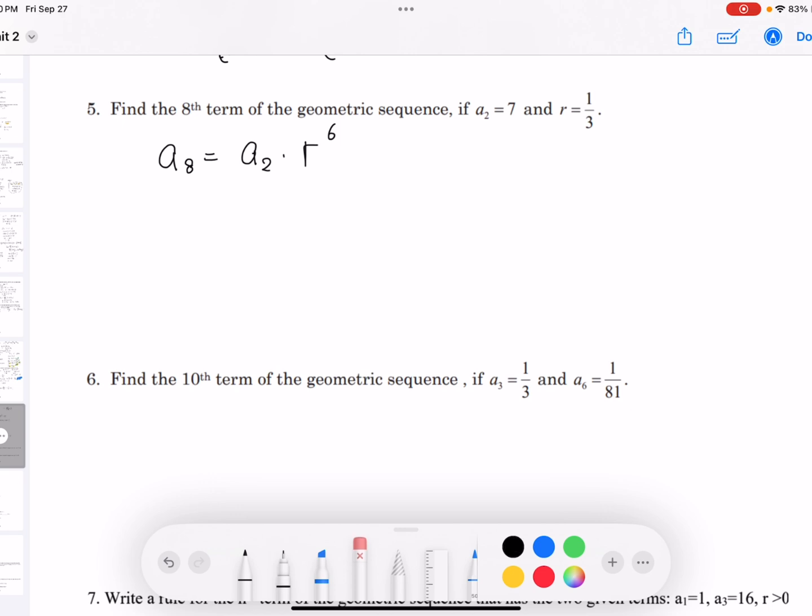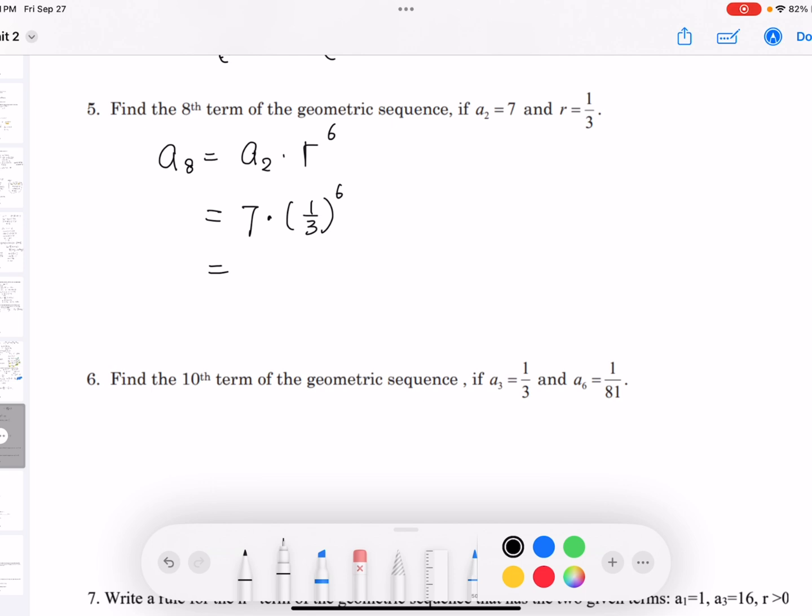So how did I find the 6? Because I need to find a number that added to 2 is equal to 8. So that is 6. So the a sub 2 is 7, r is 1/3, raised to the 6th power. And then we can use our calculator to find what is 1/3 to the 6th.